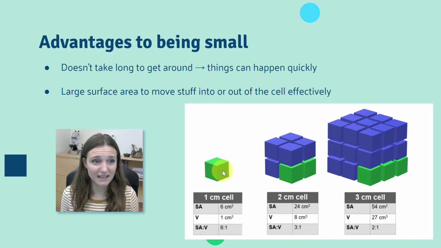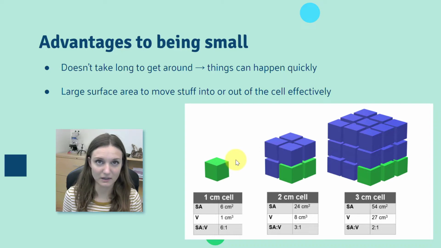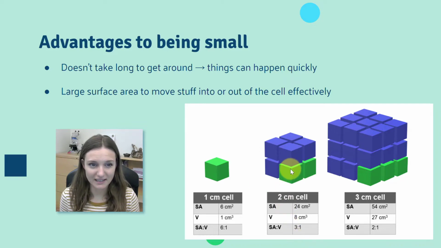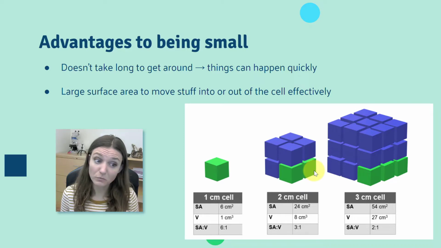If we're pretending this is a cell, if that cell were to double its length and width and height to 2 centimeters, we then halve our surface area to volume ratio. So if we had a cell that was 2 centimeters by 2 centimeters by 2 centimeters, our surface area now is 24 centimeters squared, right? We're increasing our surface area, but now if we're 2 by 2 by 2, our internal volume is 8 centimeters cubed.